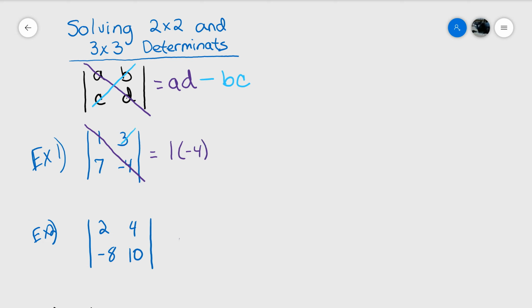Then we do the upper right diagonal, but we subtract because we reverse direction. Then we do the multiplication out, -4 minus 21, and we get -25.